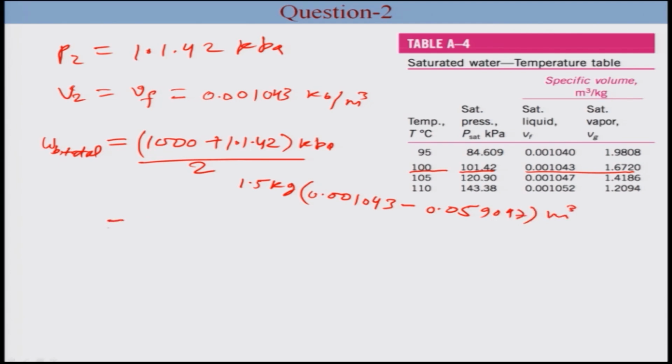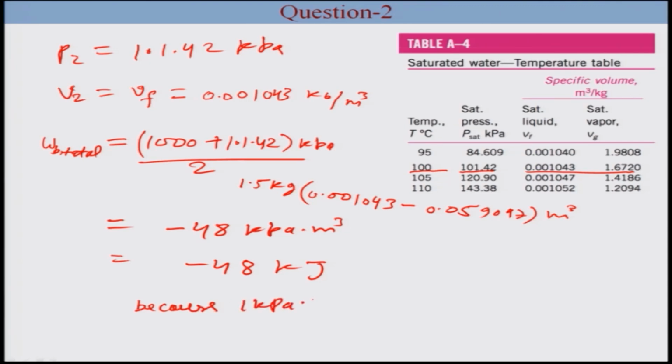So from here we get minus 48 kilopascal meter cube, which is nothing but minus 48 kilojoule, because one kilopascal meter cube equals 1 kilojoule. So this is the total work in this process. So, moving to the next question.